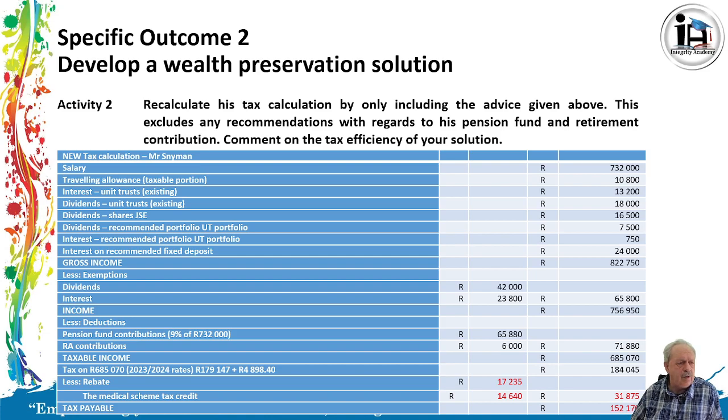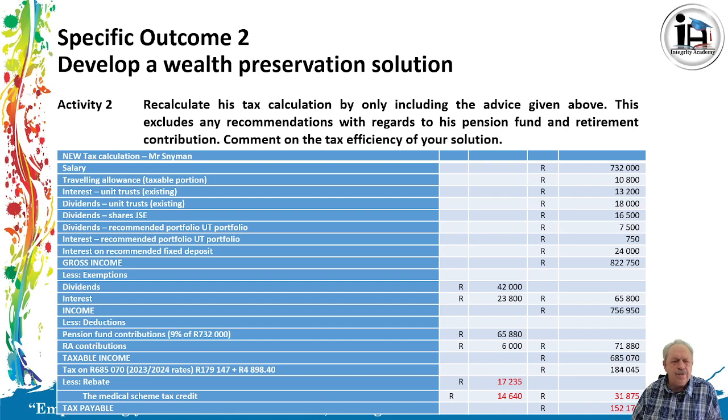Dividends are 18,000 on existing. The dividends on the JSE are 16,500. Interest recommended on the portfolio is 750, and interest on the other one is 7,500. That gives us an interest on the recommended fixed deposit, which we said will come to about 24,000.